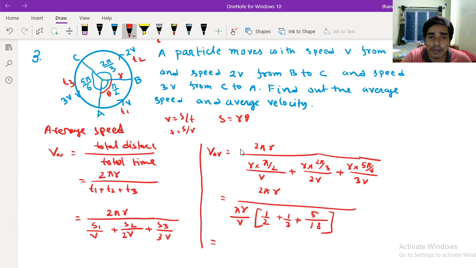So pi cancels out and r cancels out, and v will be left, that means 2v divided by 1/2 plus 1/3 plus 5/18. If you calculate this value, you can easily calculate the average speed.